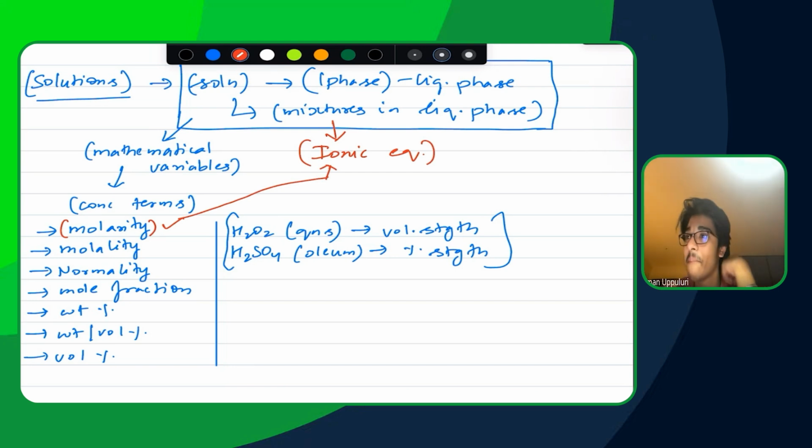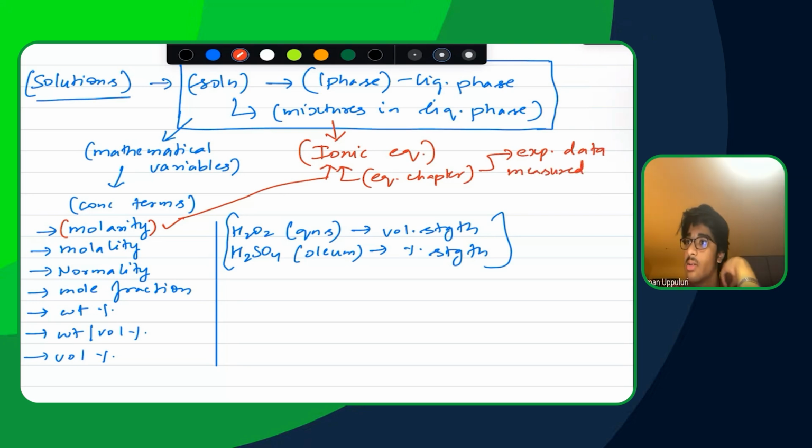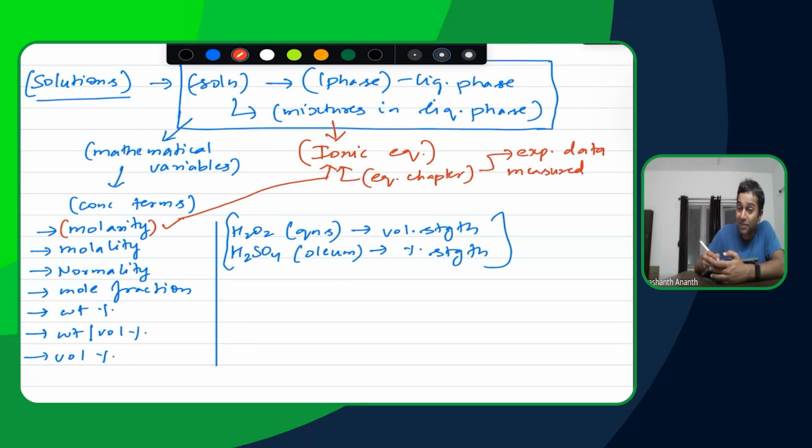So molarity is going to be the thing which is constantly used over there. Why is molarity more critical for ionic equilibrium? Because this is an equilibrium chapter. So an equilibrium chapter is generally going to be having experimental data measured at what condition usually?